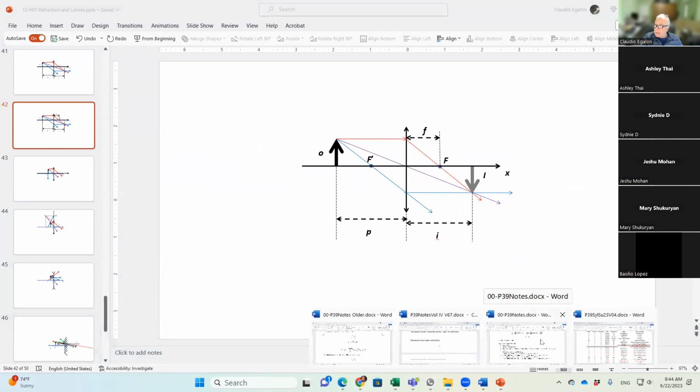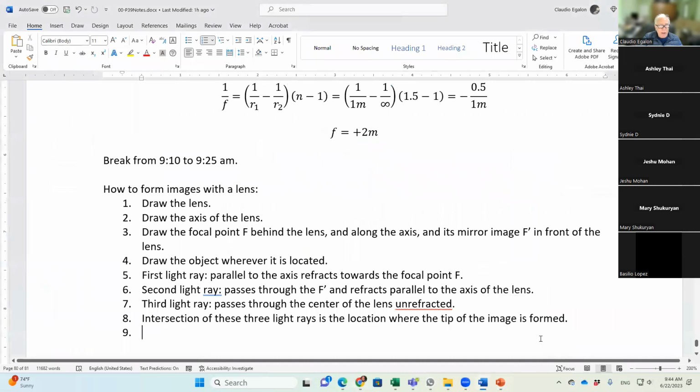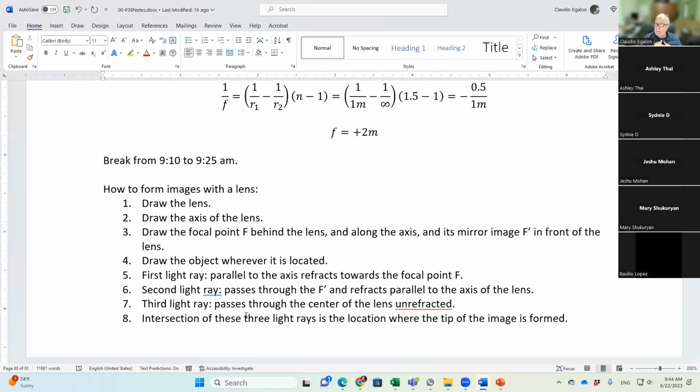What makes a virtual image virtual? An image is virtual whenever you cannot project it onto the surface of a screen. That's the very definition of a virtual image. Real images you can project over a screen, just like the image of your movie.